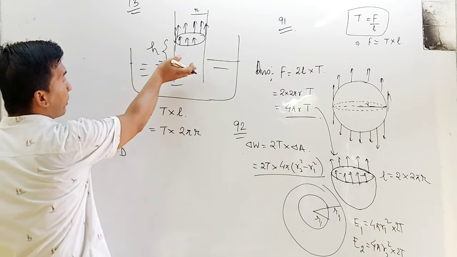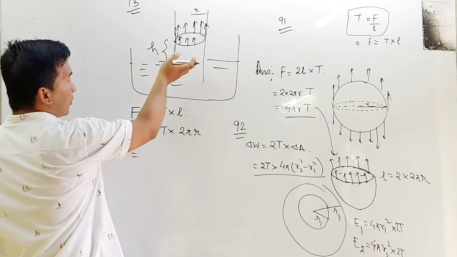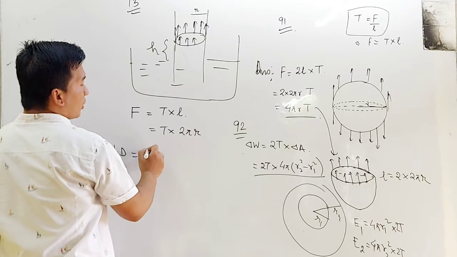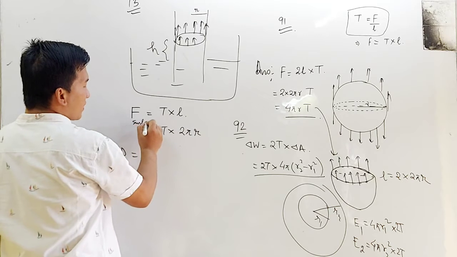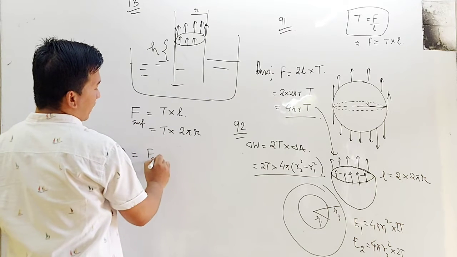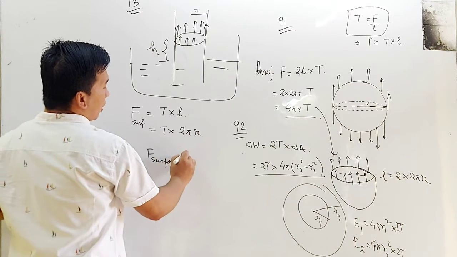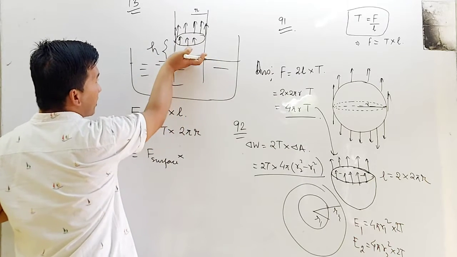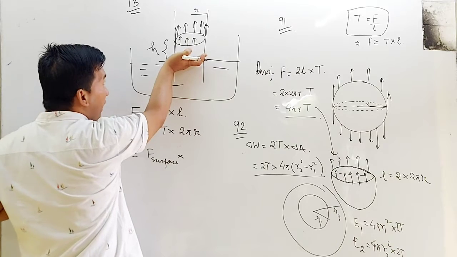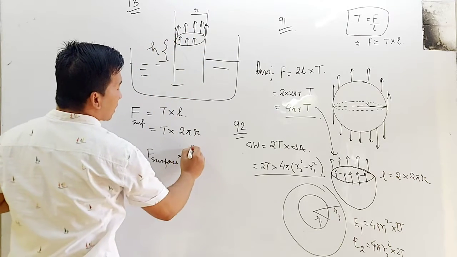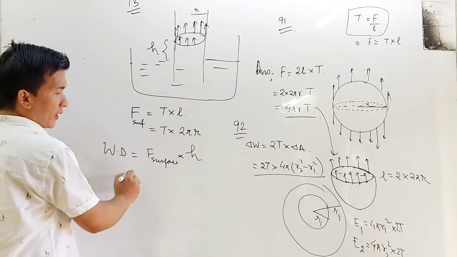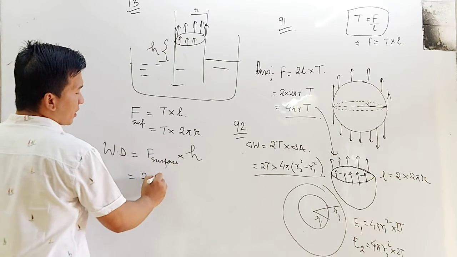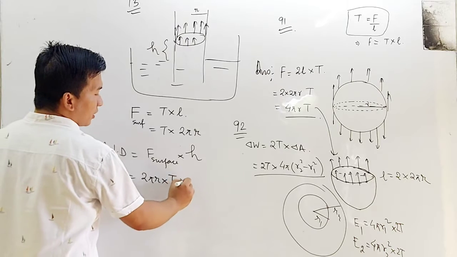The work done for capillary rise will be equal to the force produced by surface tension, F surface, into the displacement. The water surface rises by height h. The force is 2 pi r into T.